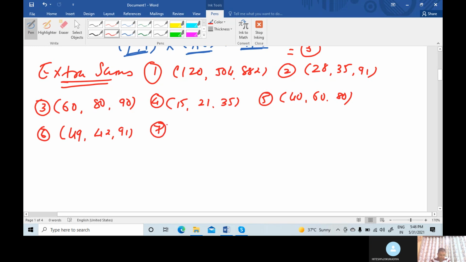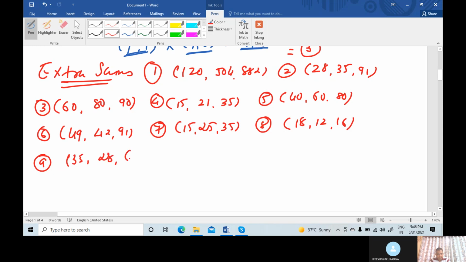Seventh: 15, 25 and 35. Eighth: 18, 12 and 16. Ninth: 35, 28 and 63.